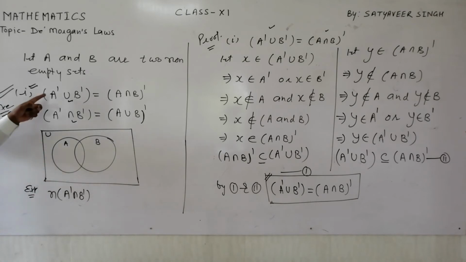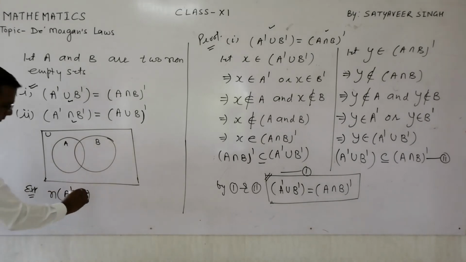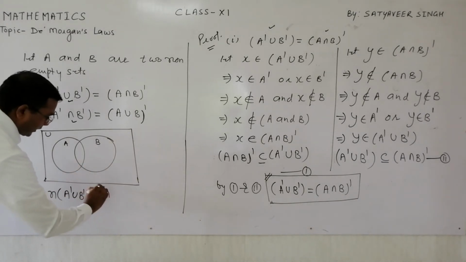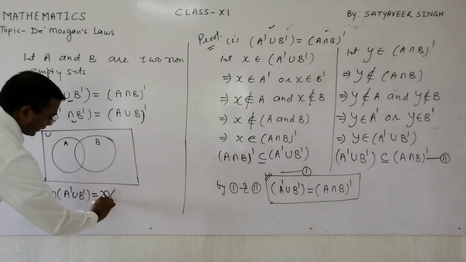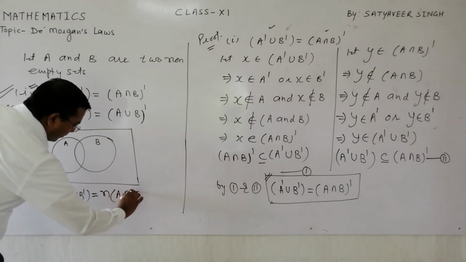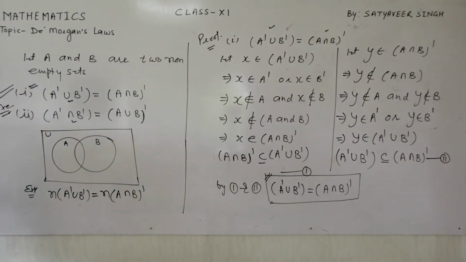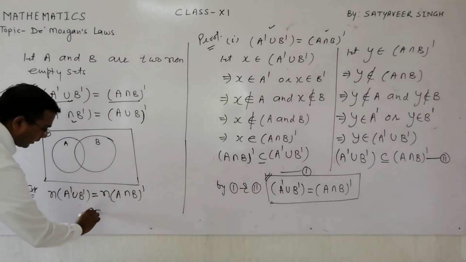As per the second part of De Morgan law, A complement union B complement, which you can write further as A intersection B whole complement.